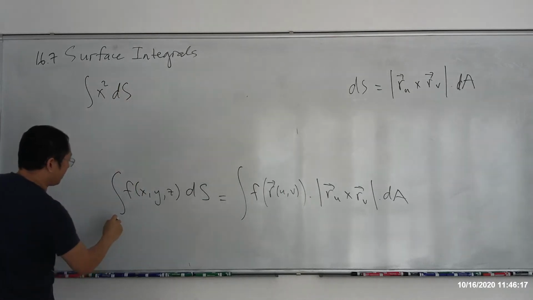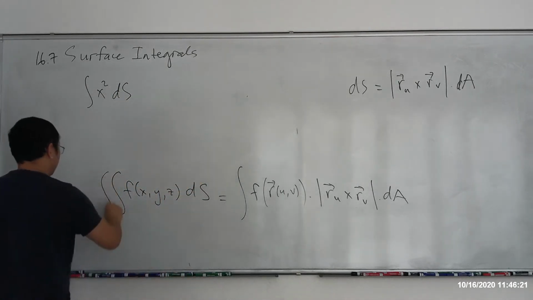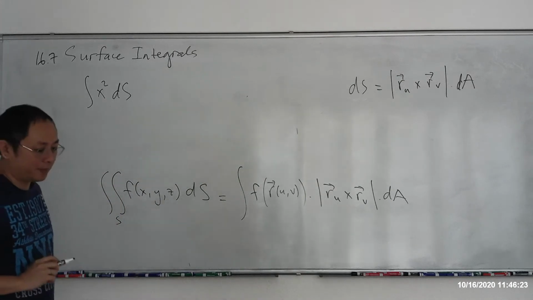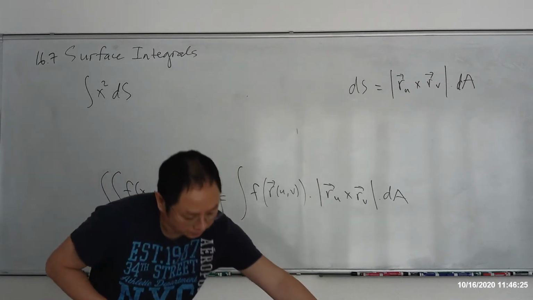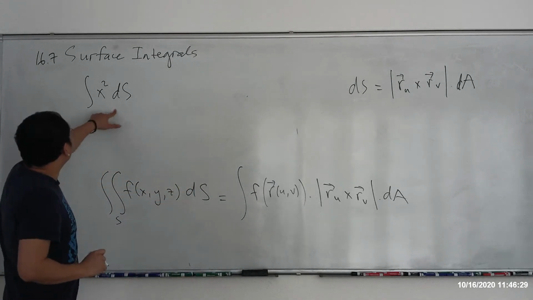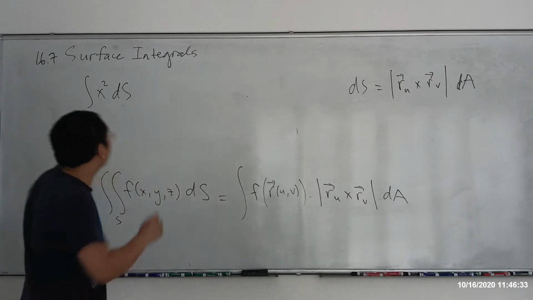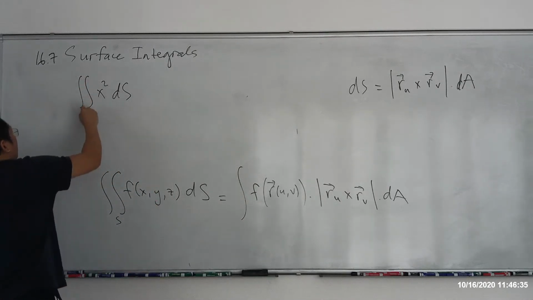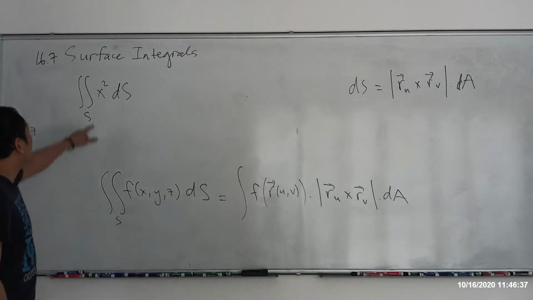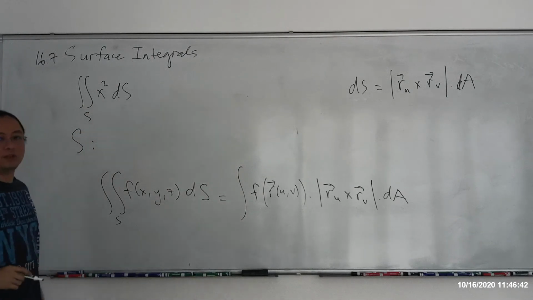Usually we will write an S down here, the double integral over S. Yeah, right that way. It doesn't matter to me. Calculate the integral of x squared ds, where S is the sphere of radius 1.